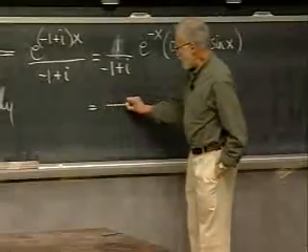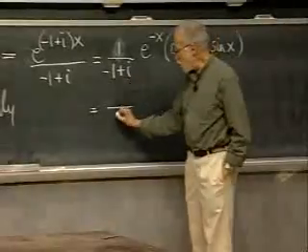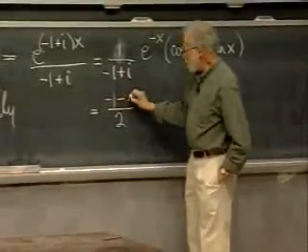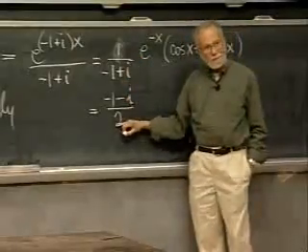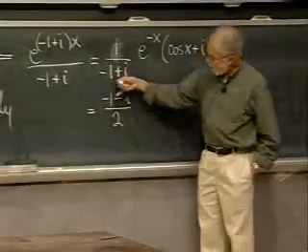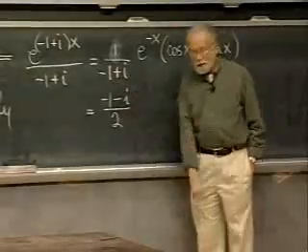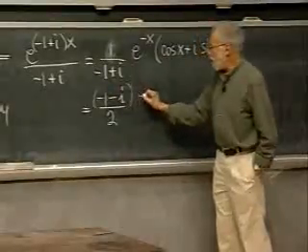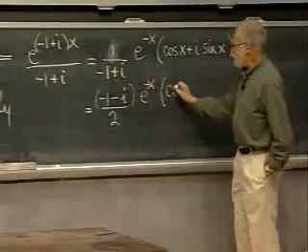What does that put in the denominator? 1 squared plus 1 squared, 2. And in the numerator, negative 1 minus i. This is the same as that, but now it's in the form a plus bi. It's negative 1 over 2 minus i times 1/2. So this is multiplied by e to the negative x and cosine x plus i sine x.